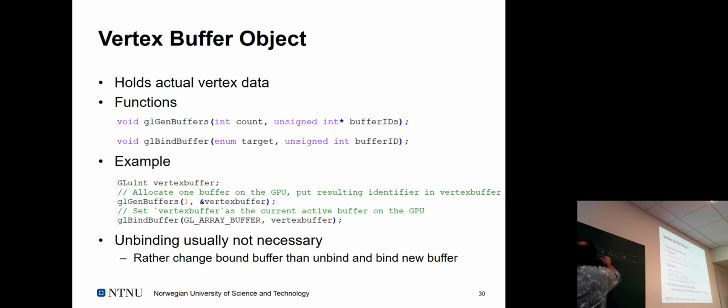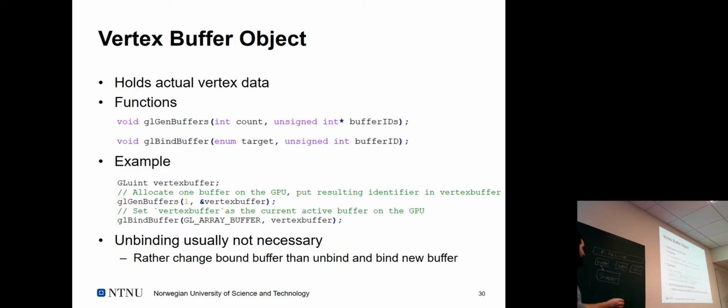And we have several buffer objects. When we bind one, we actually bind it with the shader so that the shader can use this information for processing.